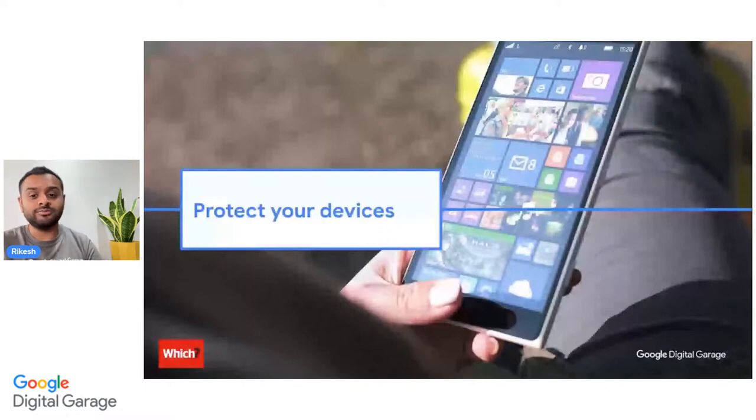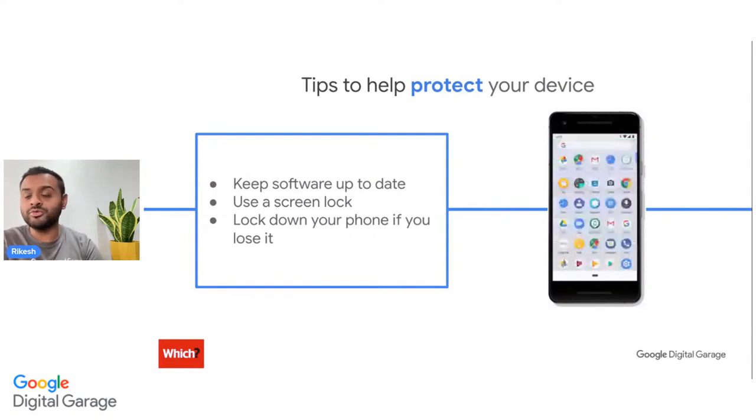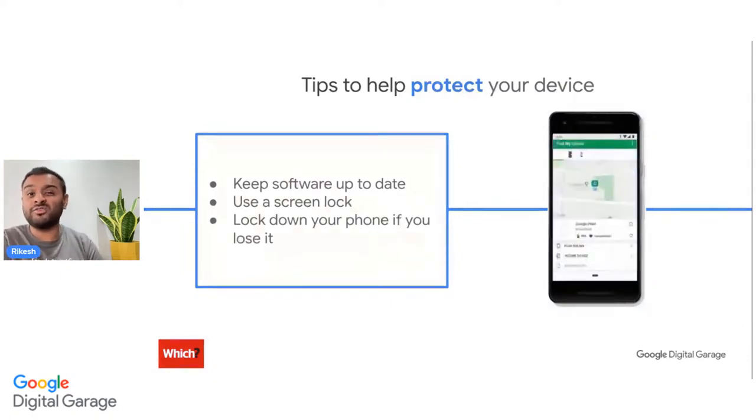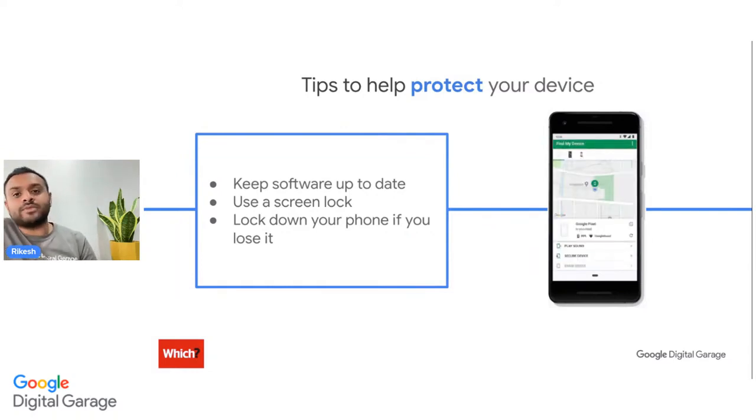Now, in terms of other tips to help protect our device, we want to update our software. When the software updates on our smartphone, for example, we want to make sure we run them, because these software updates a lot of the time provide security fixes. There might be bugs within the system, or hackers might have found ways in which they can get into people's devices or cause malicious damage through those devices.